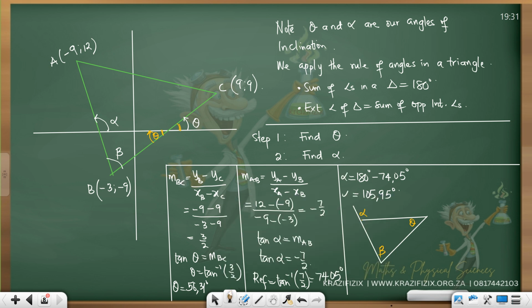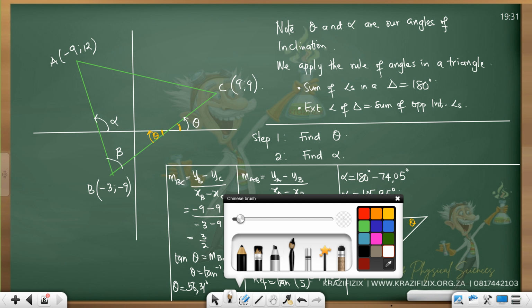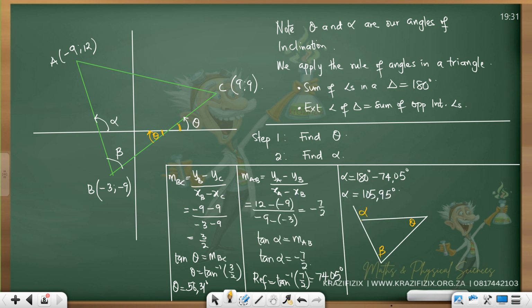So I have now taken your attention to this triangle here. Guys, can you see this triangle? Let me know if you can see this triangle that I drew there. Can you see it? Can we all see it? I can use sum of angles in the triangle, but I'll need to find this other angle. But I don't need that.